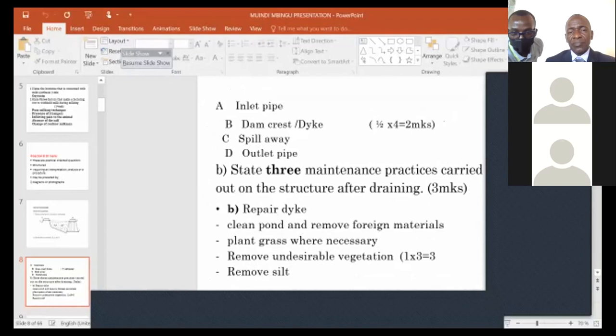The other maintenance practices do not talk about repair. I'm pointing out that because candidates have a tendency to mention one point repeatedly, and in most cases using different phrases or sentences.